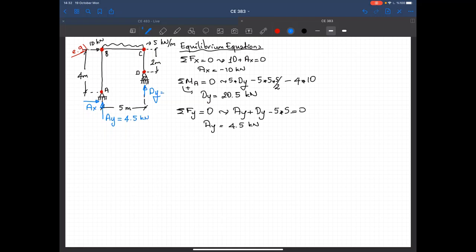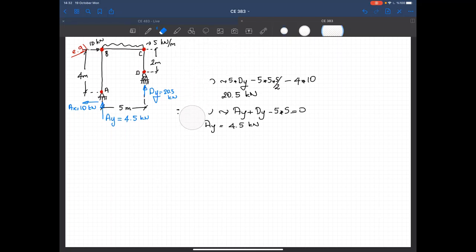This one is equal to 20.5 kilonewtons. And Ax, let me correct the direction now. We know the direction at this point, so it's in this direction, and it's equal to 10 kilonewtons. So we calculated all the support reactions.